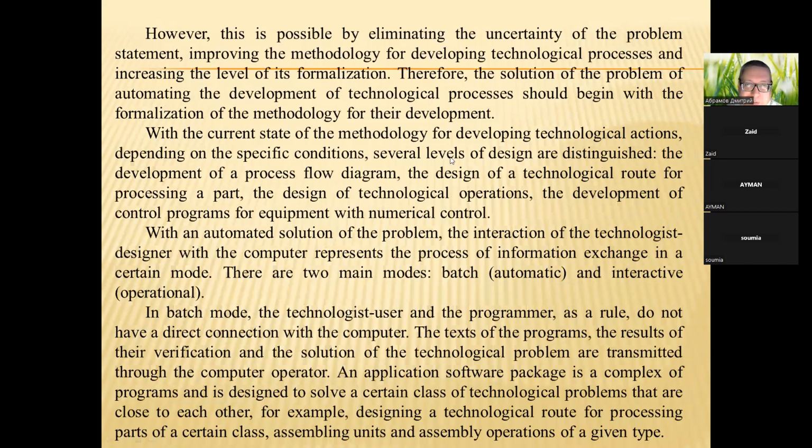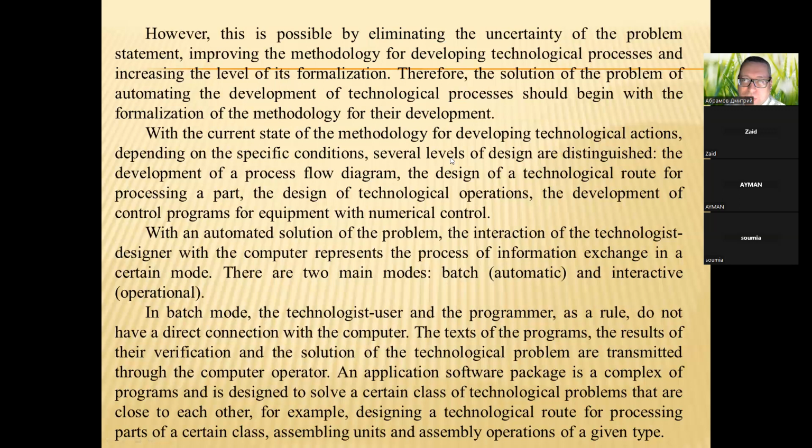However, this is possible by eliminating the uncertainty of the problem statement, improving the methodology for developing technological processes, and increasing the level of its formalization.